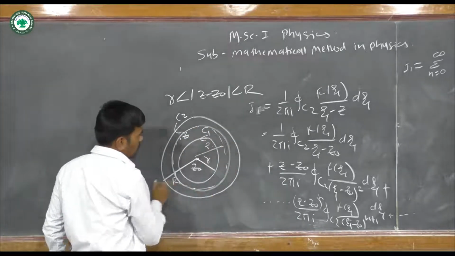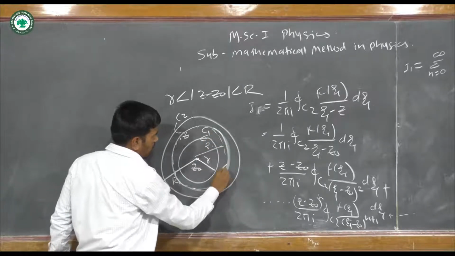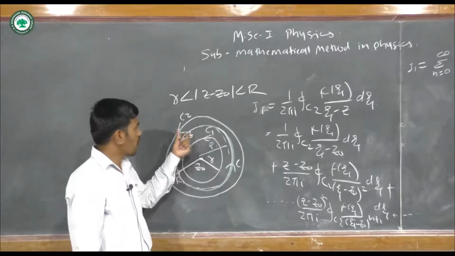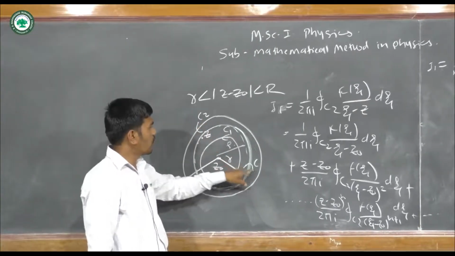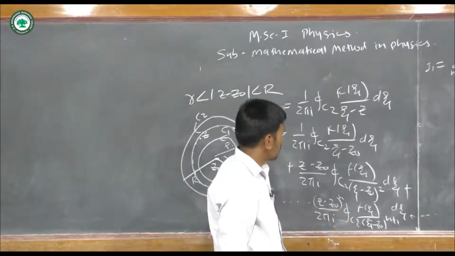So this path is C I am considering. According to the deformation of path, we change this C2 with this C.